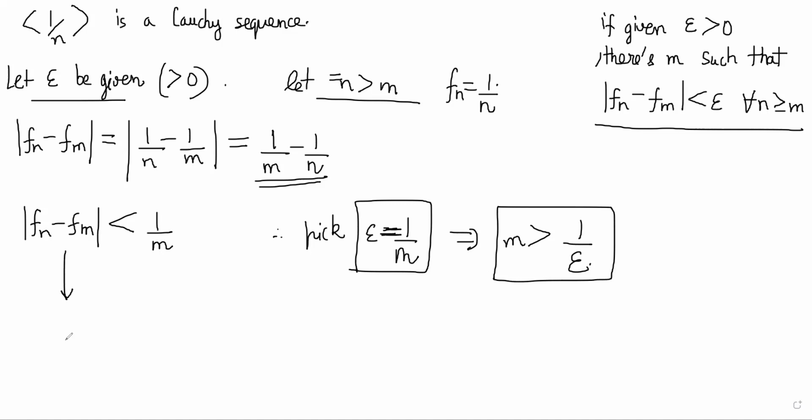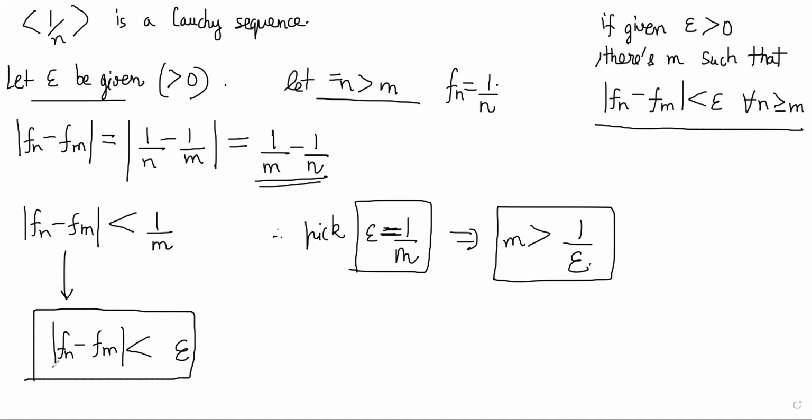You automatically get mod of Fn minus Fm less than epsilon for all n greater than m such that m is equal to 1 by epsilon.